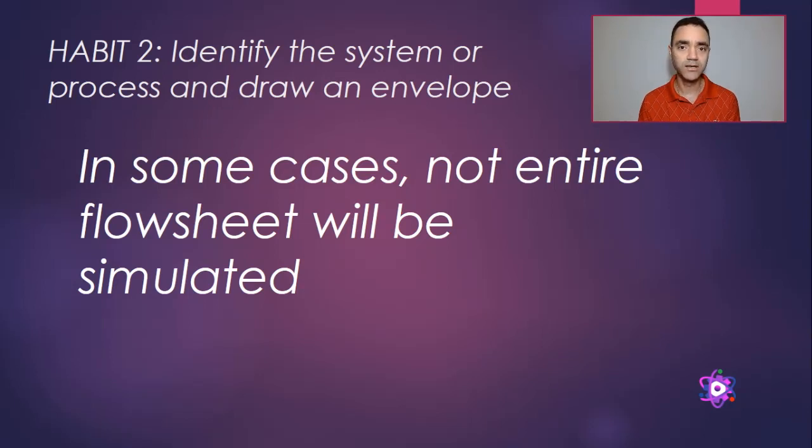So eventually you will not perform the process simulation for the hydrogen production, but you will need to perform the process simulation for the utilities. And all of this is based on the objectives that you have when you start your process simulation.